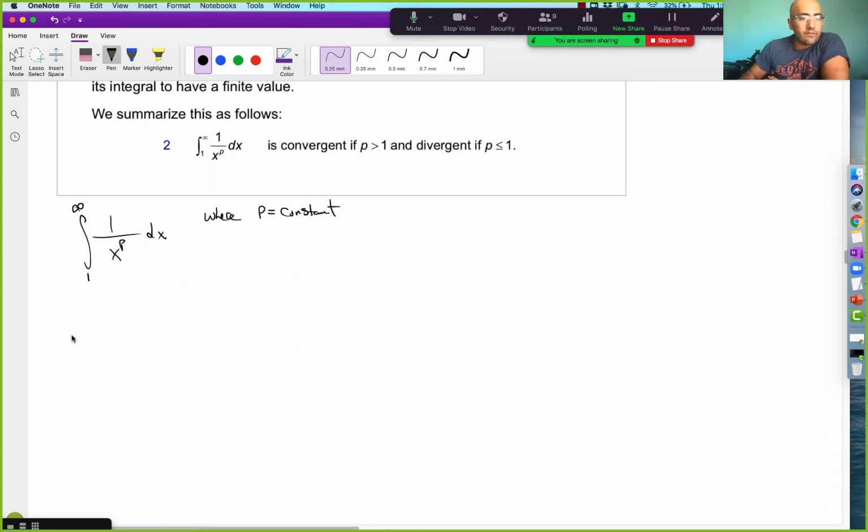So first of all, let's get rid of that infinity symbol there. Let's go back to, how about n? The limit as n goes to infinity of the integral from 1 to n of 1 over x to the p dx.